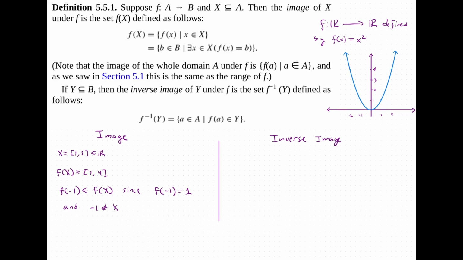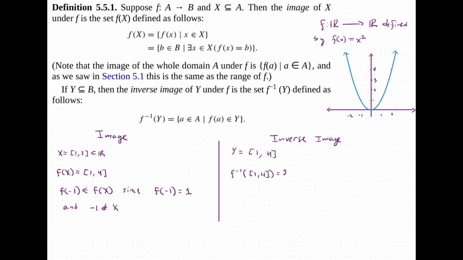So next, let us consider the inverse image. And we are going to look at the inverse image with now looking at the set Y in our definition to be the set [1, 4]. So we're going to choose Y to be [1, 4]. And we want to look at the inverse image of [1, 4].